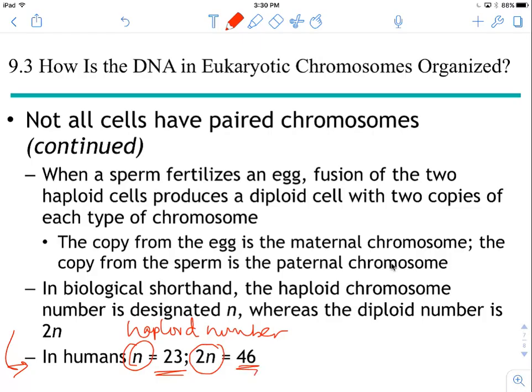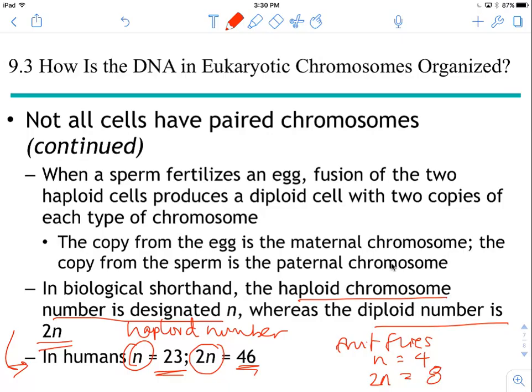The haploid number is designated as n, and the diploid number is designated as 2n. And for different organisms, that haploid number is different. For example, in fruit flies, the haploid number is 4. So their gametes have 4 chromosomes, that's 1 copy of each. And the diploid number, all their somatic cells, have 8 chromosomes.